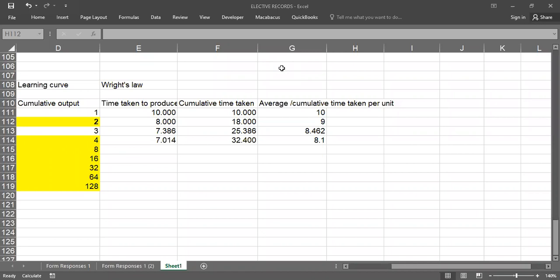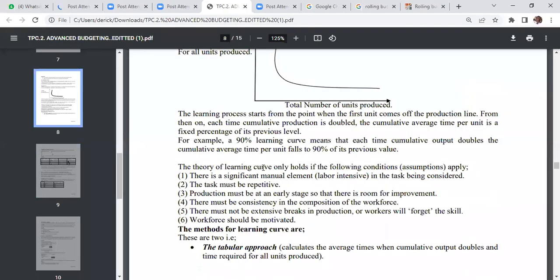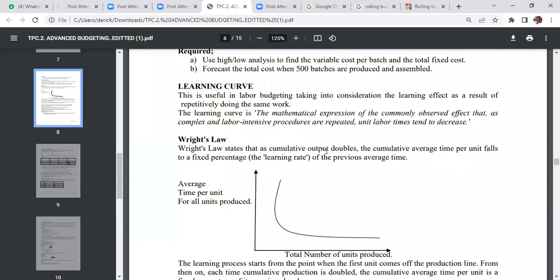Was I sharing the worksheet all along? I hope so. If you go to the law, it says that cumulative output will double. That one you have seen. The cumulative average time per unit falls to a fixed percentage of the previous average time. The point is previous average time.